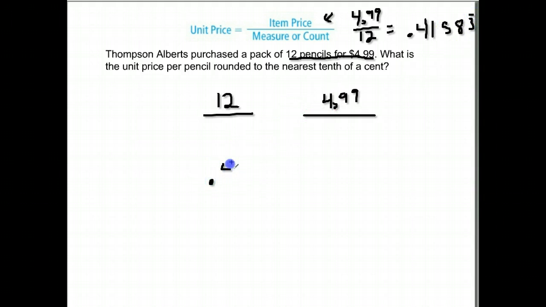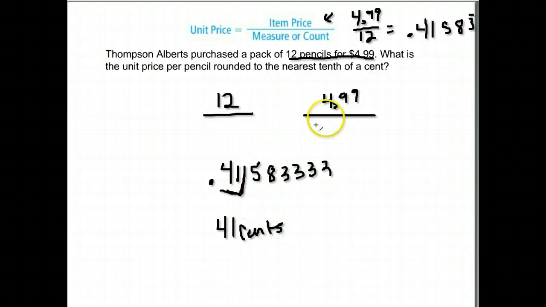Now, they have made us a different kind of request on this. Usually they have us round to the nearest cent, which would make it 41 cents or 42 cents. On the other hand, here we have, it keeps going, right? And they want the nearest tenth of a cent.